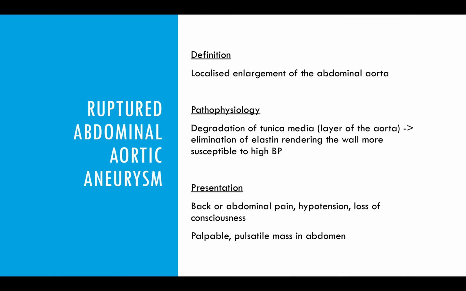And then with the changes in the endothelium, high blood pressure causes turbulent flow, etc. But obviously you get this enlargement of the abdominal aorta. Now, if that ruptures, the abdominal aorta is really large and so it bleeds a lot.